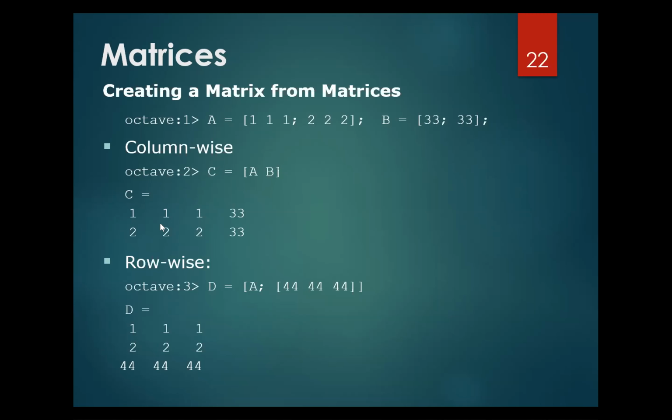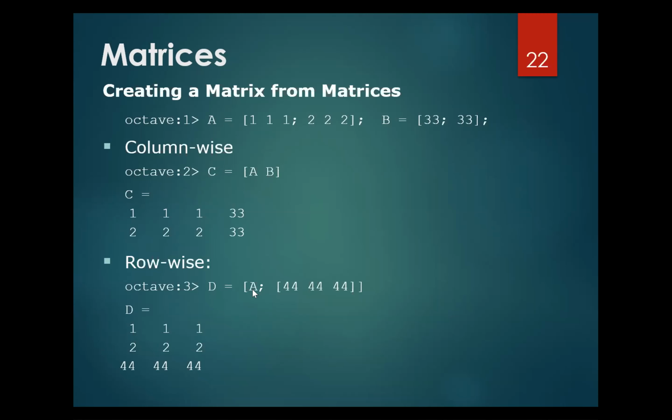When you do that, this is what you're going to get. So the first portion, which is this 2 by 3 matrix, will come as the first part of this matrix C, and then space means the next column. So this one, which is the 2 by 1 matrix, will also be appended. So in short, you combine these 2 matrices to form a third matrix, which is a 2 by 4 matrix.